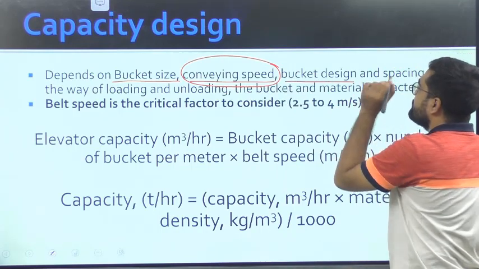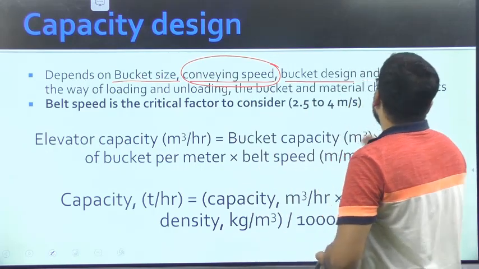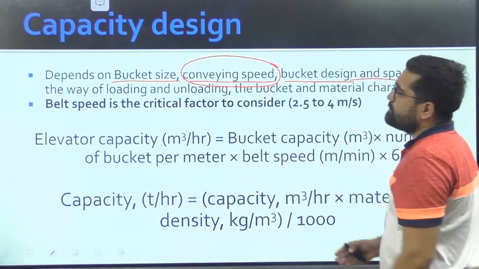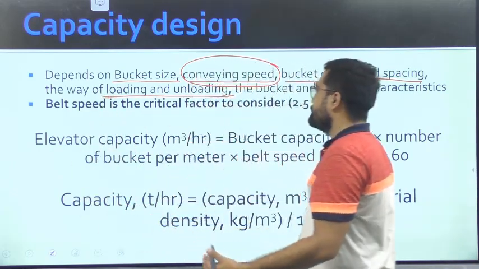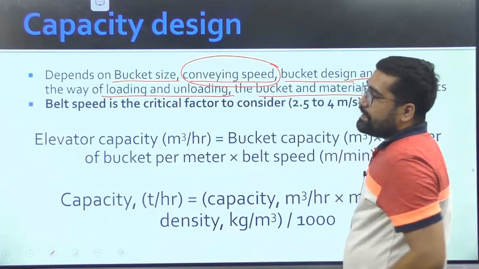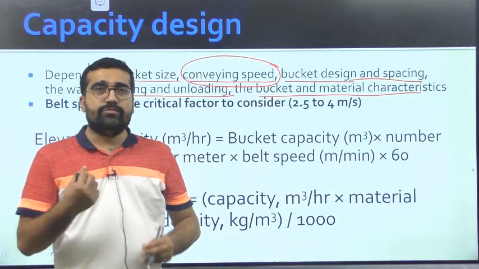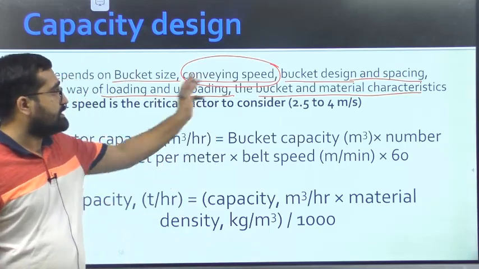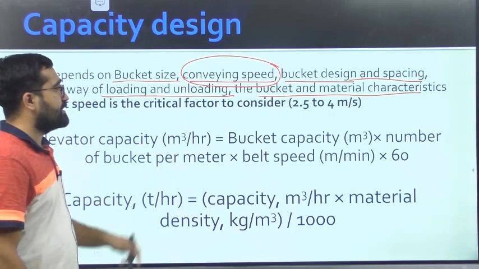Then what is the shape, size or specific dimension of the buckets, what is the spacing between buckets, what are the loading and unloading methods, and what are the materials and bucket characteristics. We have to assume or mention all those things before identifying the capacity of the bucket elevator.